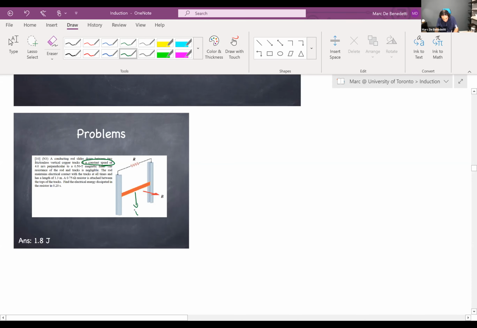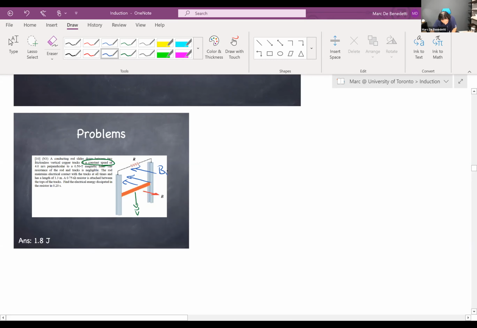The speed of the bar is down, so we are increasing the number of field lines to the right through the rails. Now, Lenz's law says we want to oppose that change, the change being an increase in field lines to the right, so we want to decrease the field lines to the right. So the induced magnetic field will be in the other direction.